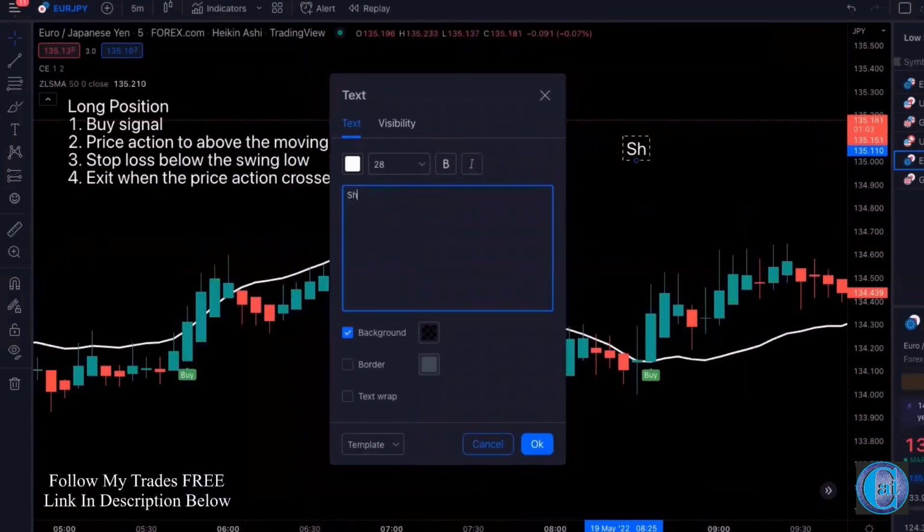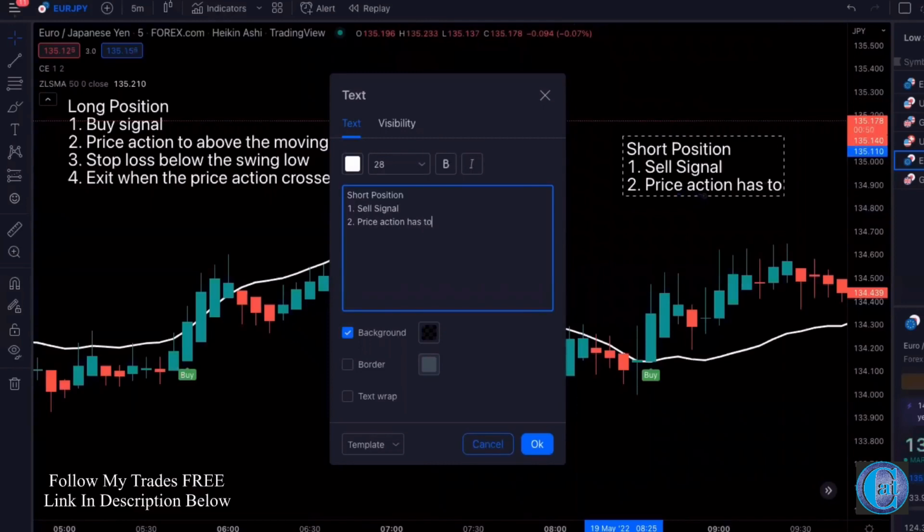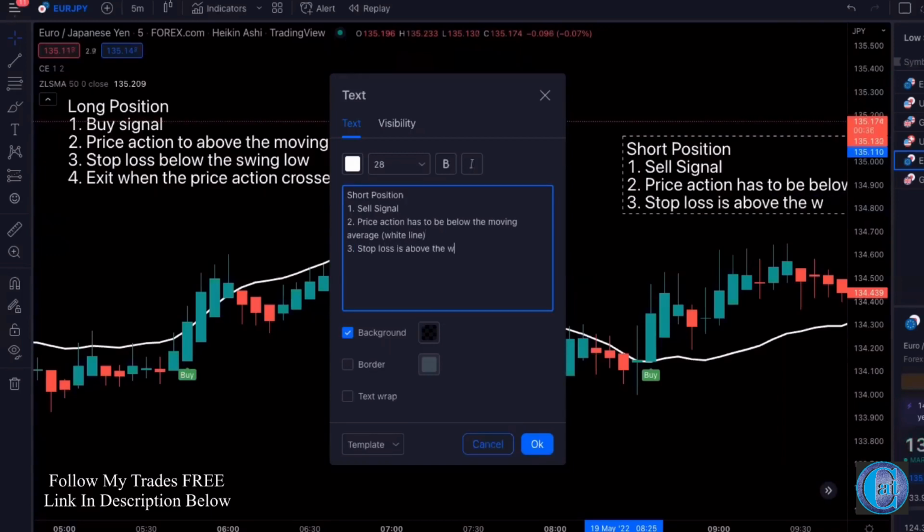All right. So now on the short position, first you wait for the sell signal. Two, price action has to be below the moving average, which in this case is the white line. And then the stop loss is above the latest swing high.